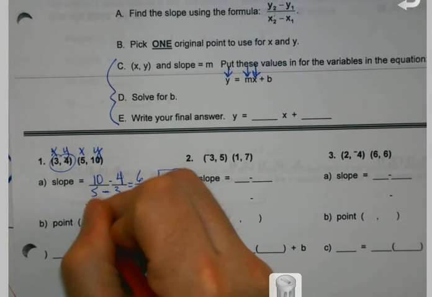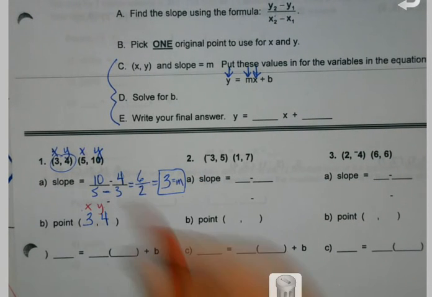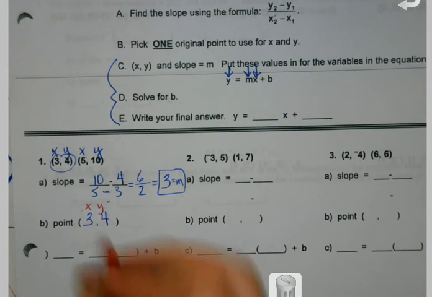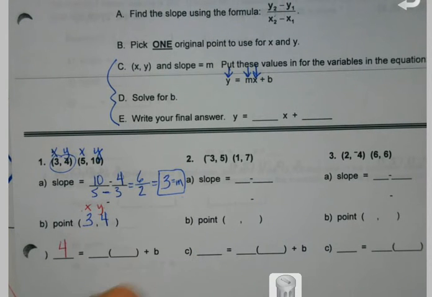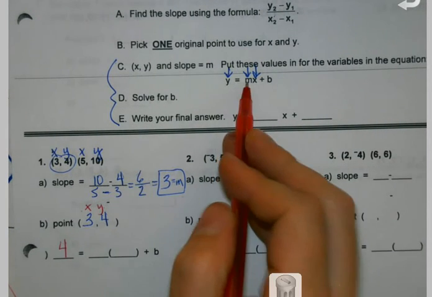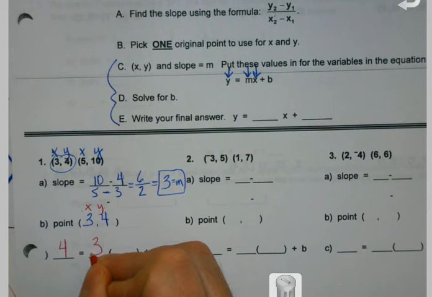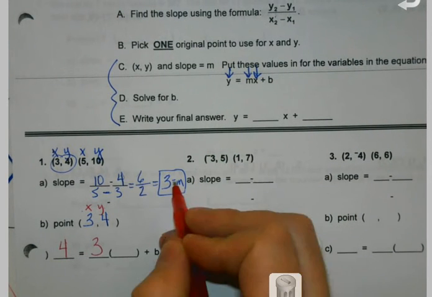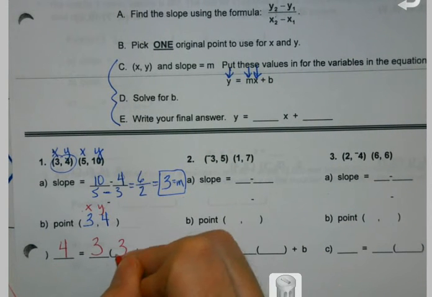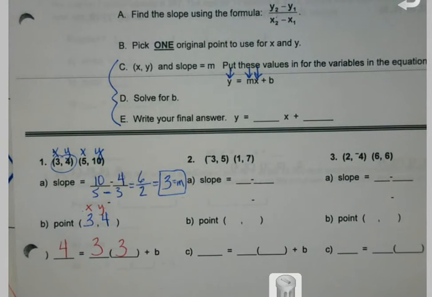So there's m, there's y, there's x. Okay, I'm ready to go. y equals mx plus b.